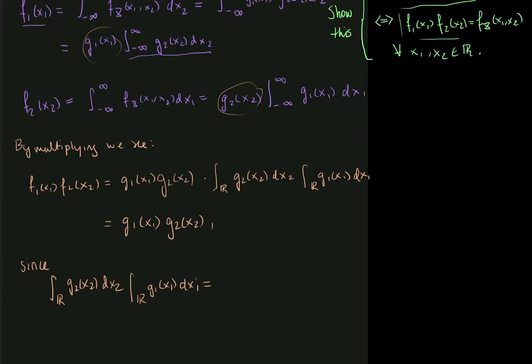First of all, these two integrals are with respect to different variables, right? So I can put this entire thing inside this integral, since this is just a constant, and then I can move the integral signs out. So what I'll get is two integral signs.